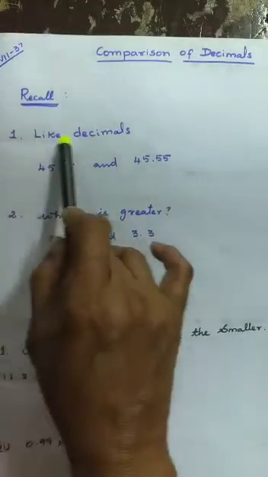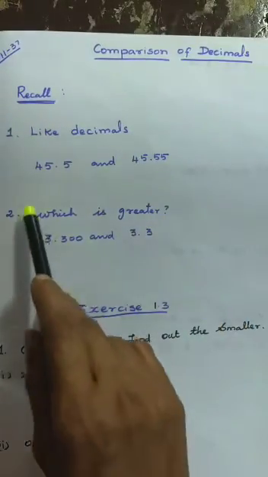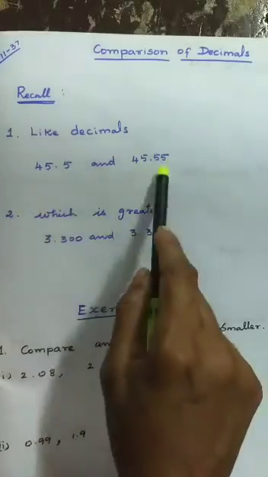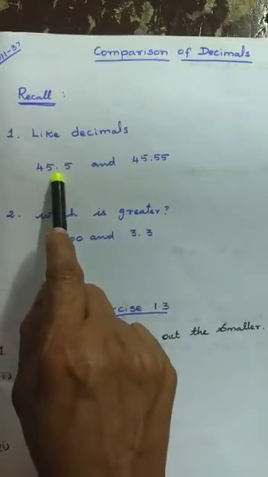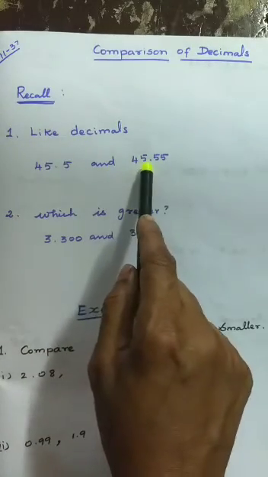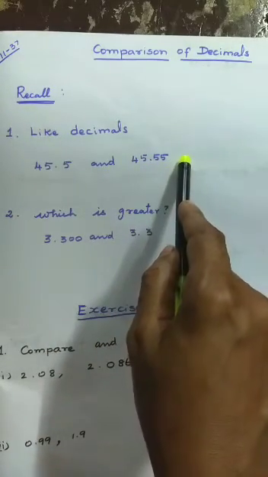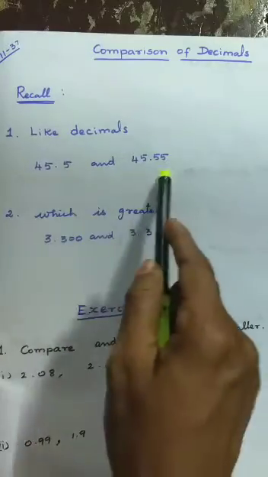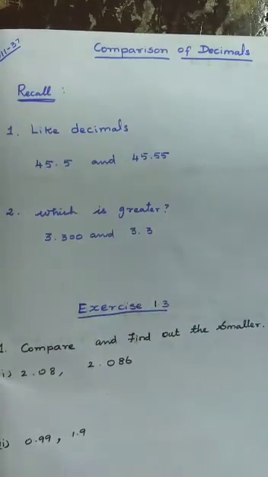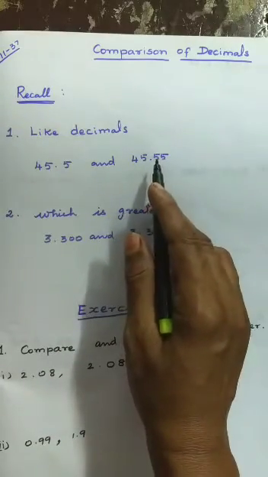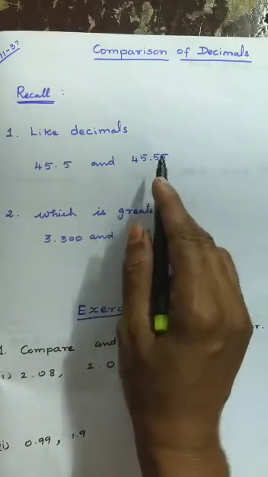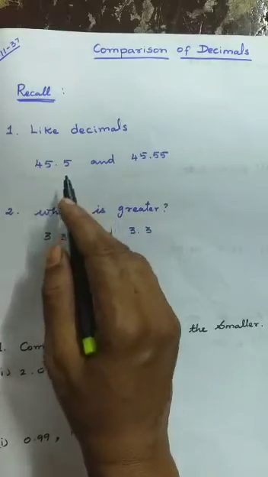In the 6th standard you have studied like decimals, isn't it? So these two are unlike decimals, 45.5 and 45.55. You have to first make them like decimals. How to make like decimals? After the decimal point we have 2 digits here, but here we have only 1 digit.